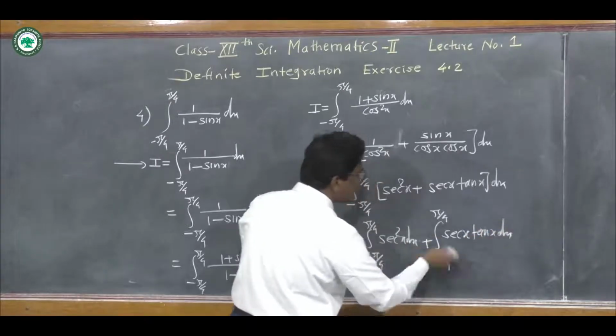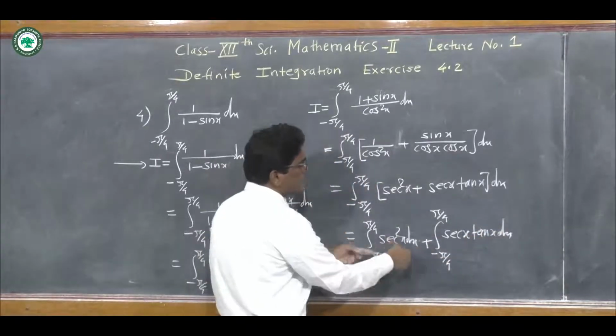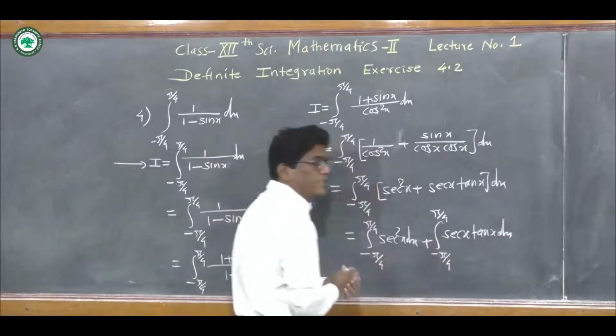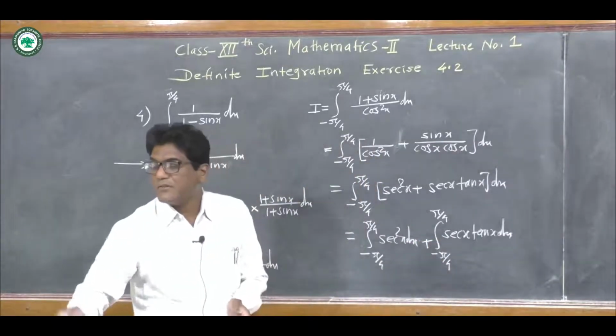And we know that both are derivatives. This is the derivative of tan x. Sec x tan x is the derivative of sec x. So these are the standard formulas.